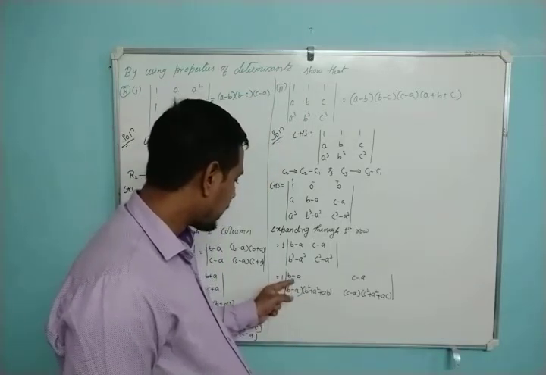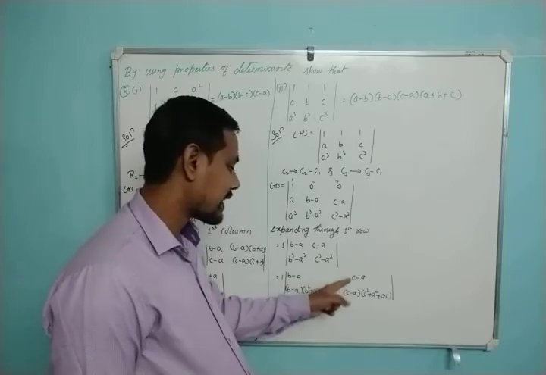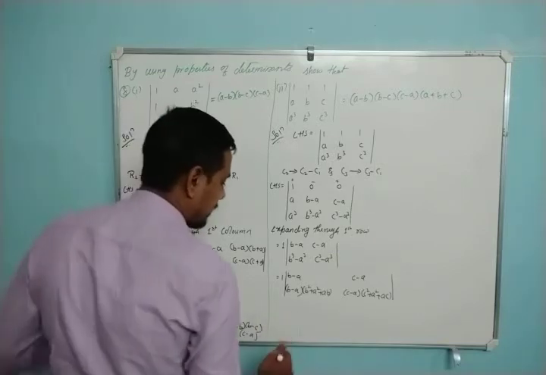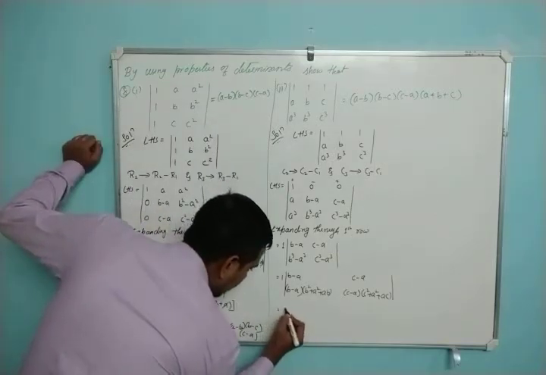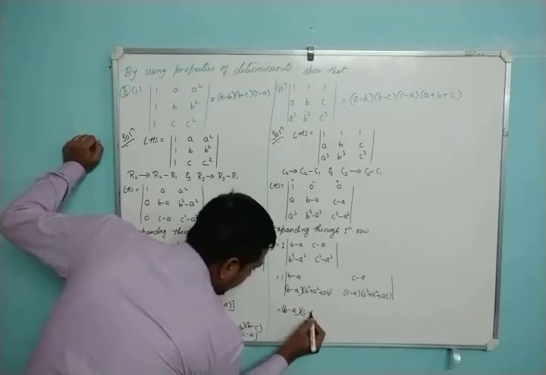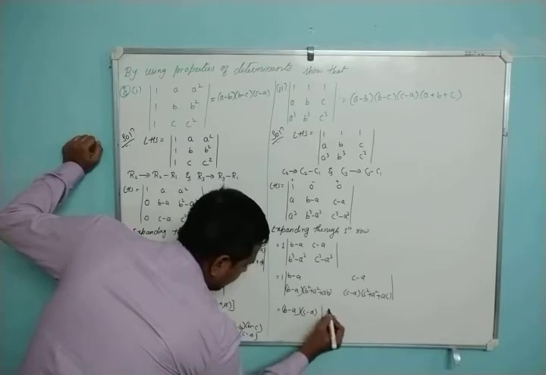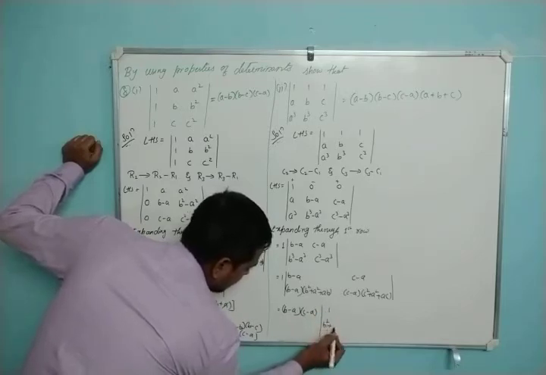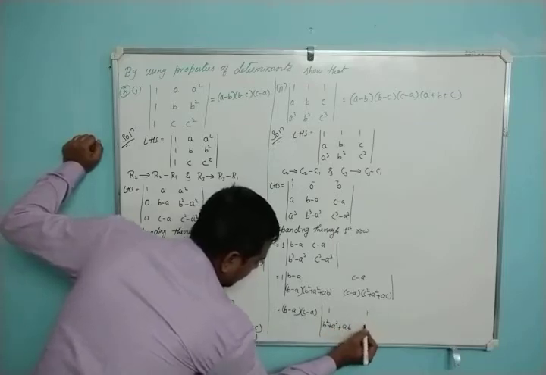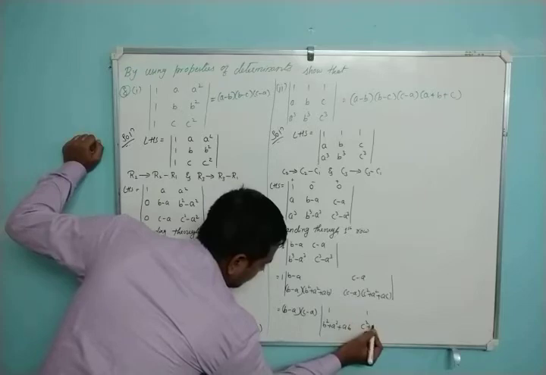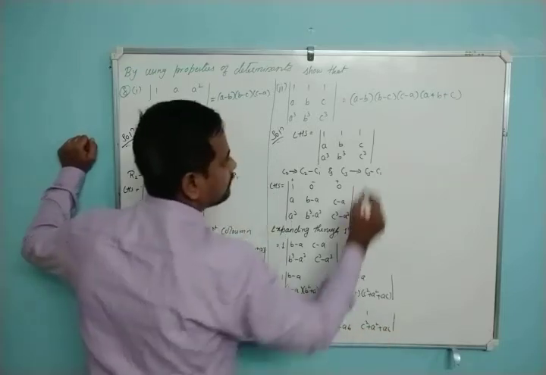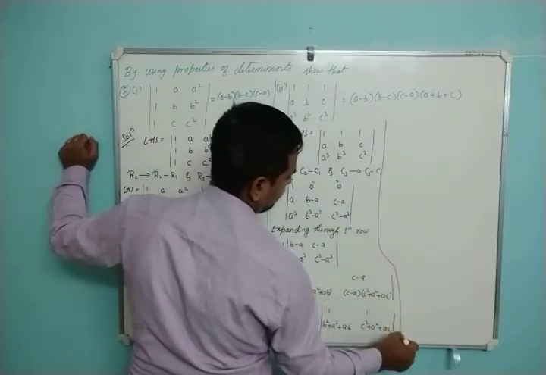Okay, so now here you can see in the first column B minus A is common, and in the second column C minus A is common. So taking out B minus A from the first column and C minus A from the second column, what is left is B minus A into C minus A, with 1, B square plus A square plus AB in the first row, and 1, C square plus A square plus AC in the second.